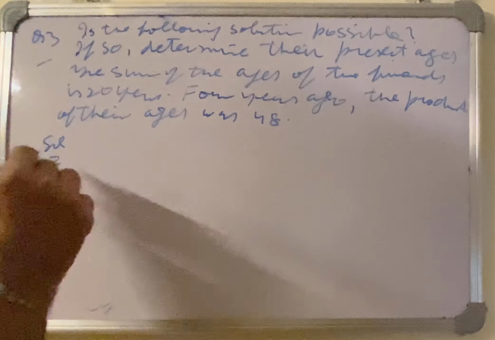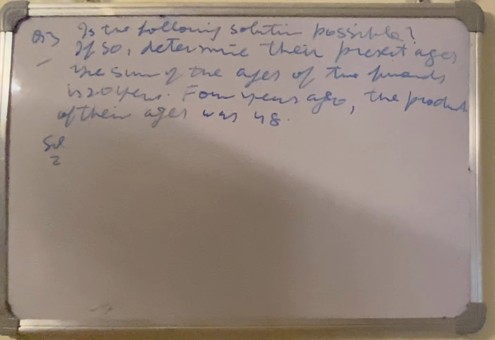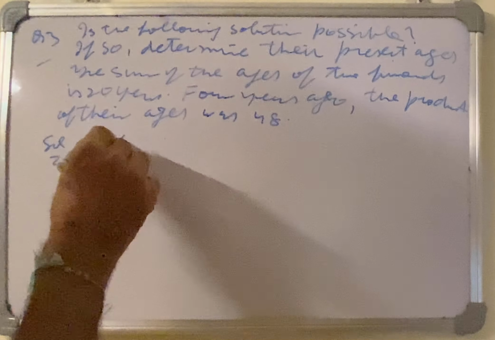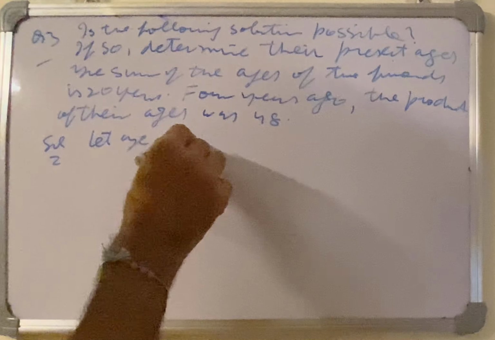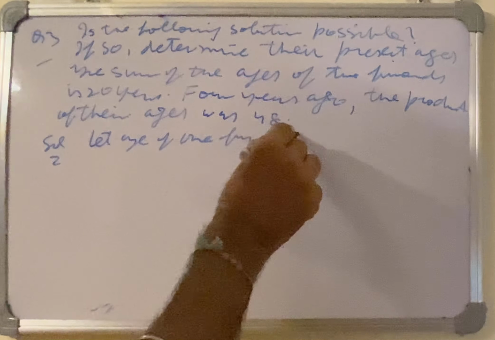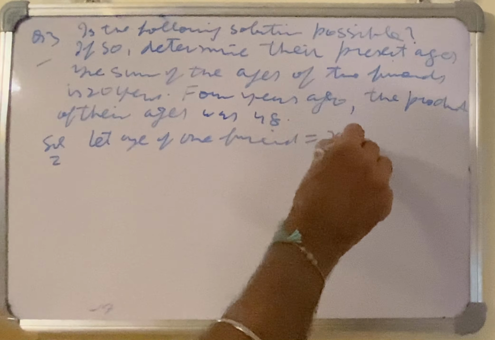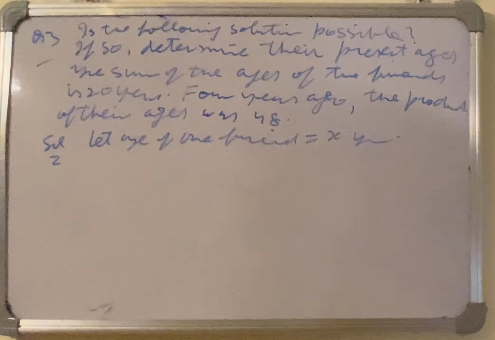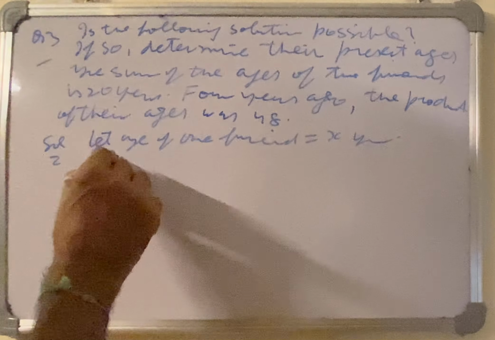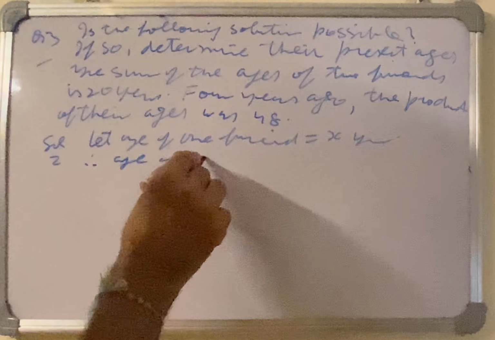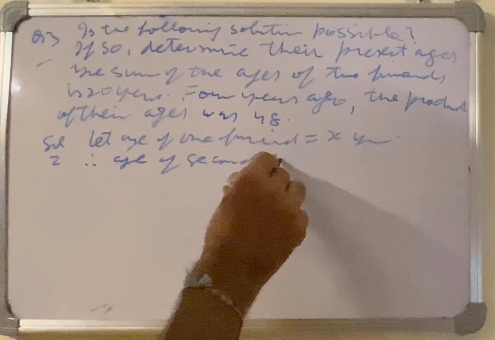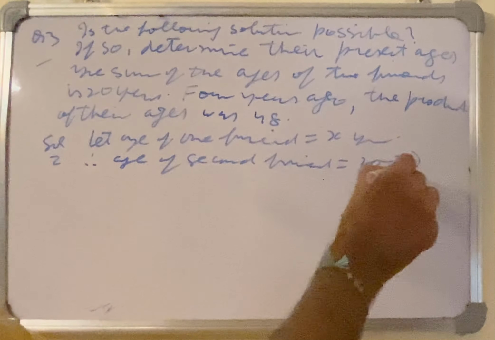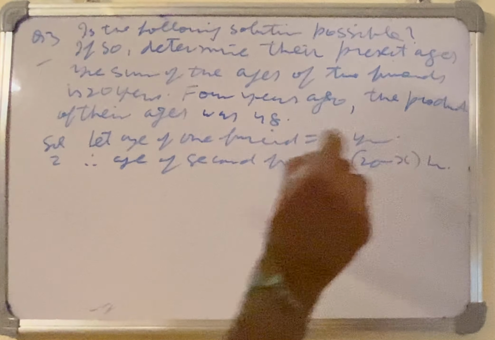Solution: let the age of one friend be x years. Now the sum of their ages is 20. Therefore, the age of the second friend is 20 minus x years.